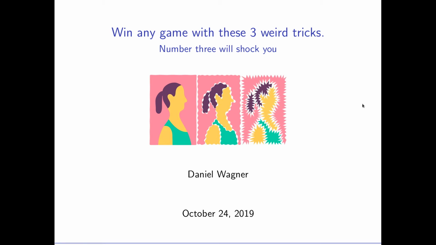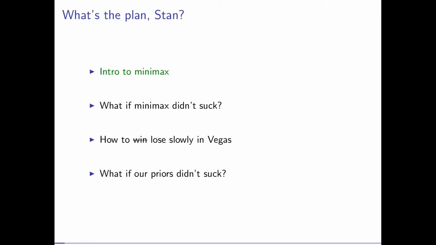So let's get started. Let me just give you a quick overview of how I'd like to structure this explanation. The first thing I'm going to do is give you an introduction to an algorithm called Minimax. Minimax is also a game playing algorithm that is especially easy to explain and will help me set up the problem that we're trying to solve by having an algorithm at all.